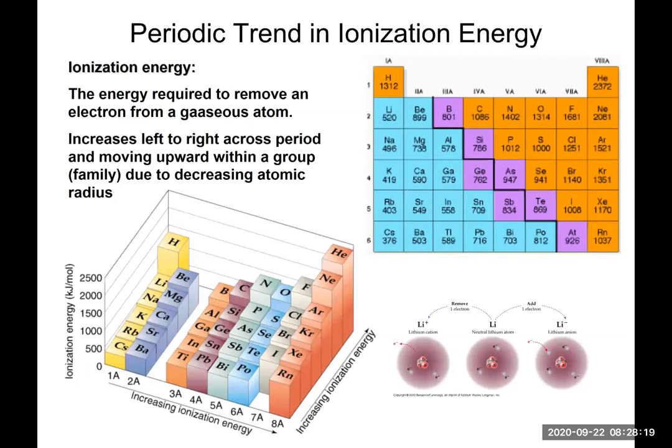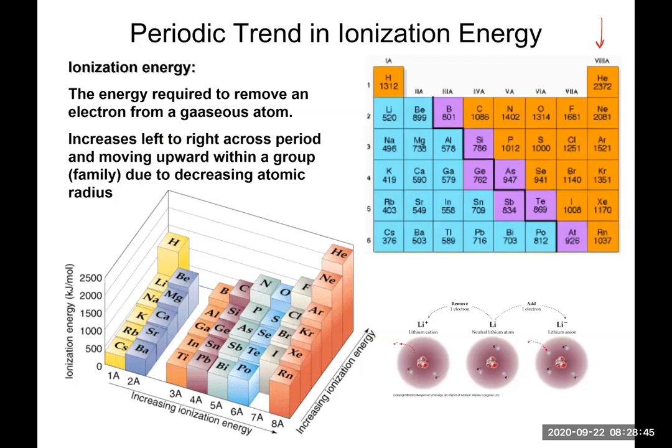So you can see that ionization energy not only has a trend that's qualitative, that is, increases on the periodic table from left to right and bottom to top, but you also see a quantitative trend. So when we look at the noble gases over here, you can see that their ionization energies are very, very high relative to any other species on the periodic table.